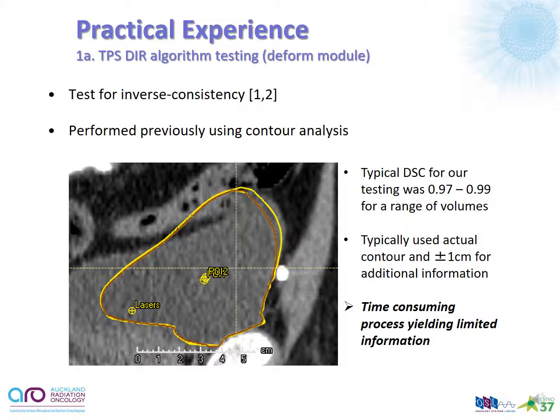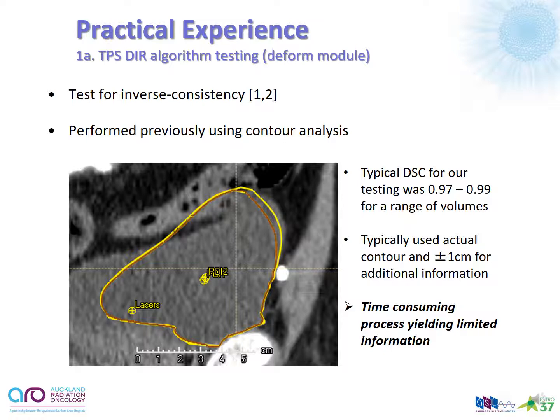So we performed this test pre-ImSimQA using contour analysis. And so we'd perform the DIR in both directions, produce deformed structure sets, and check the similarity using a dice similarity coefficient. And this image here is showing two different bladder contours shown in yellow and the union of the two shown in brown to allow us to calculate the DSC.